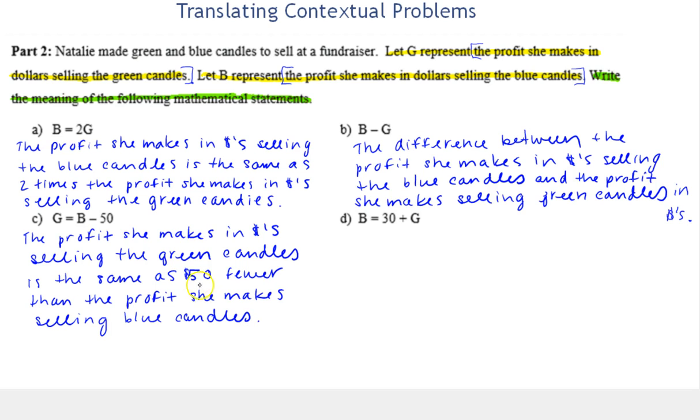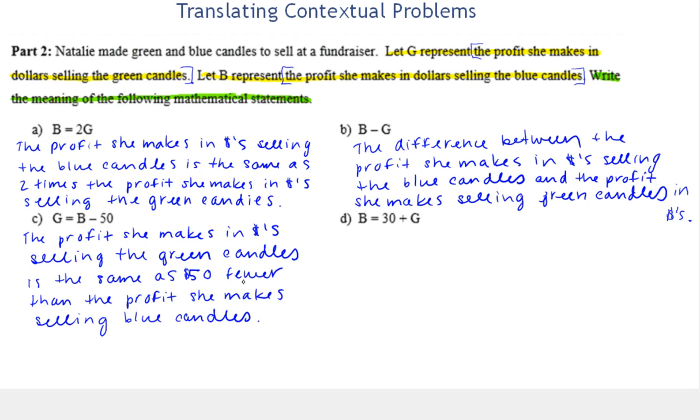So notice I added the unit of measure into the 50. When we write it in symbolic form, we frequently don't put units, but when we write it, even though it's a number, the number is also representing dollars in this case. So let's read through it and check it. The profit she makes in dollars selling the green candles is the same as $50 fewer than the profit she makes selling blue candles. Okay.